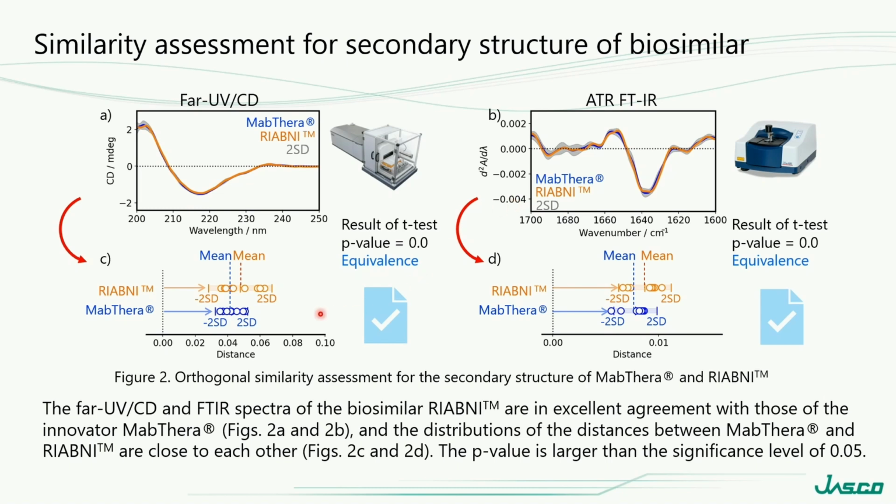And the distributions of distances are close to each other, and the p-value is lower than the significance level of 0.05. They are equivalent.